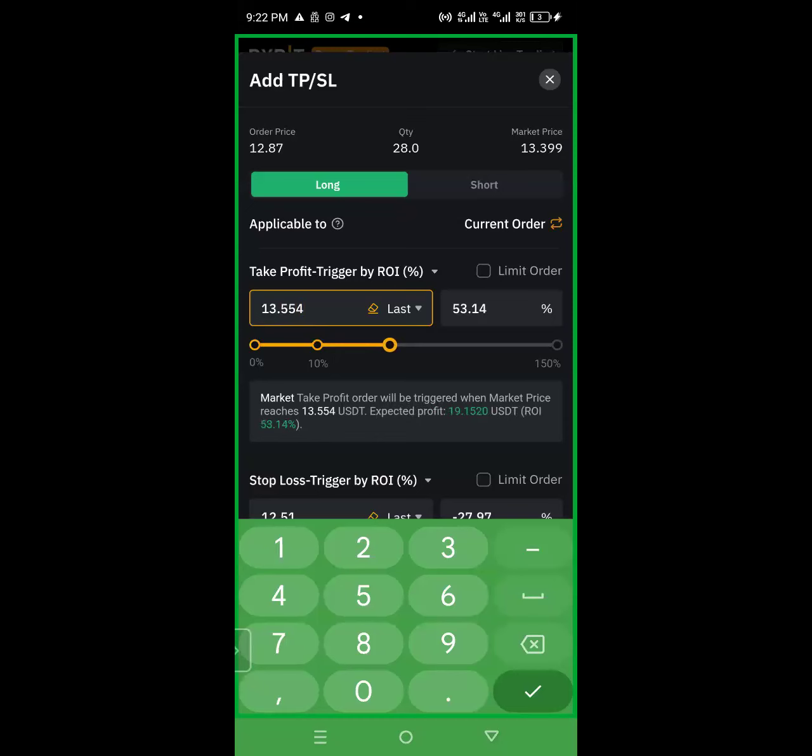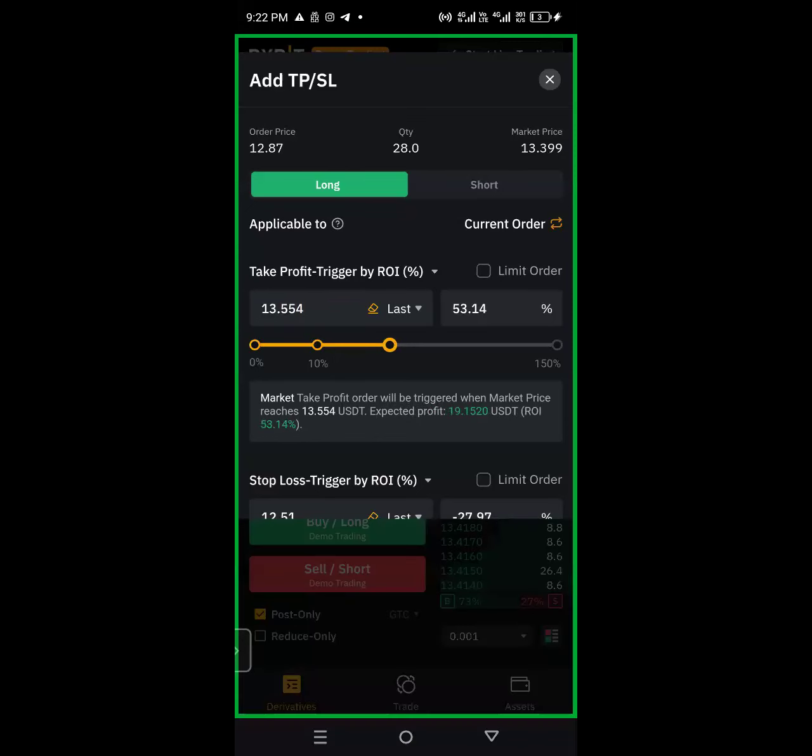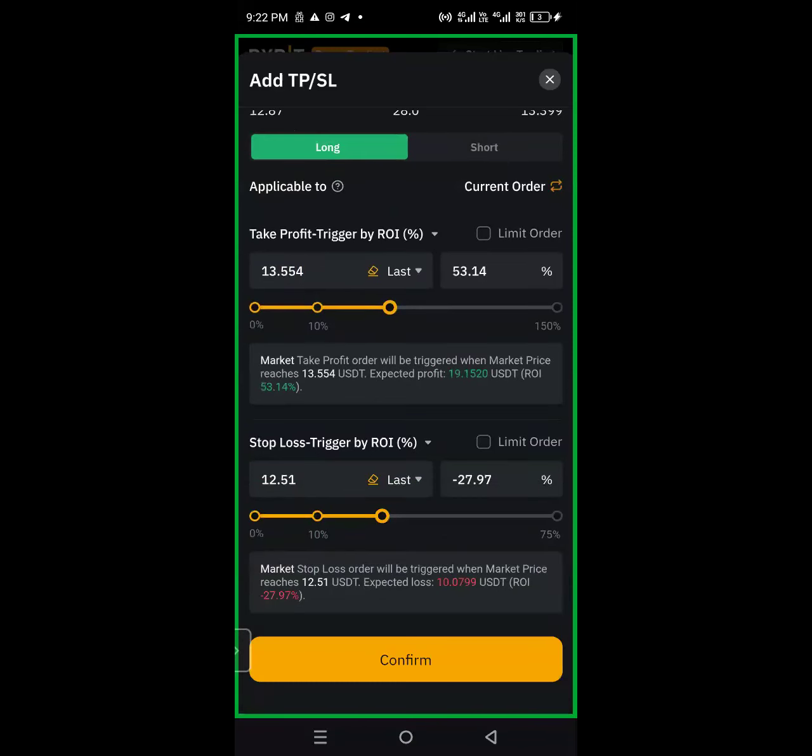Now what do you see here? TP2 is 13.554. Now that we changed to TP2, what do you think is the risk reward of this trade idea? It's almost times 2, right? So either you go with TP1.